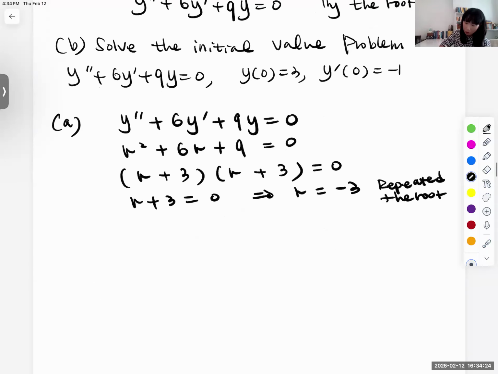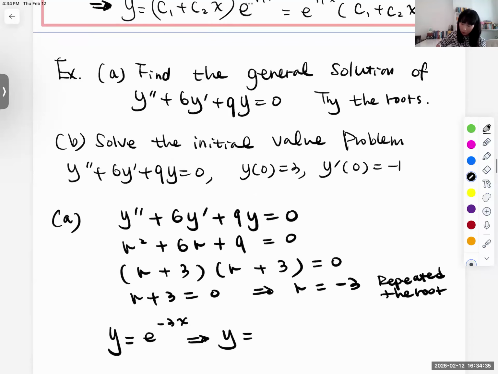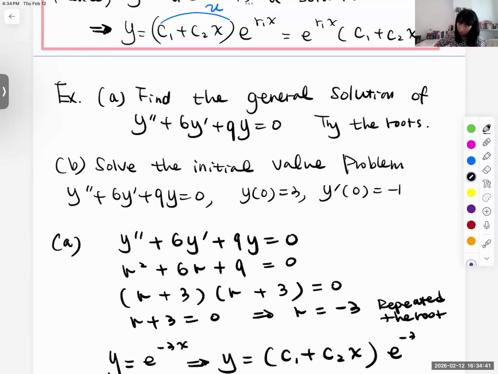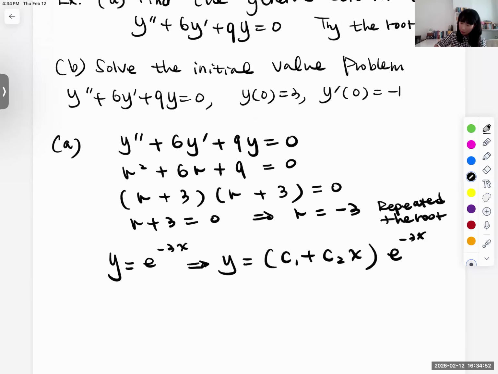All right, so we have y equal to e to the negative 3x. Then there will be y equal to c sub 1 plus c sub 2x e to the negative 3x, yeah? All right, so we call this a general solution.